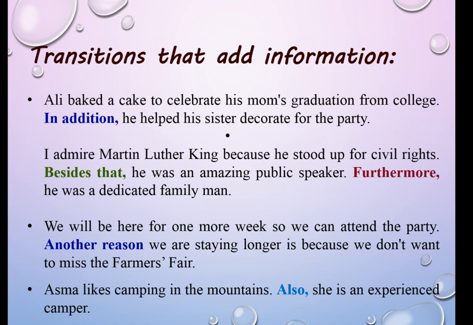Besides that, he was an amazing public speaker. Furthermore, he was a dedicated family man. So you have three different points here, and you are using different transition phrases in order to smoothly move from one sentence to another. And the words are besides that and furthermore.